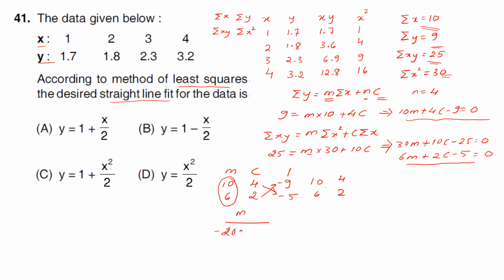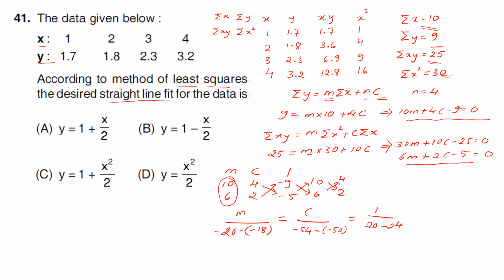minus of minus 18, is equal to c divided by minus 9 into 6, that is minus 54, minus 5 into 10, that is minus 50, is equal to 1 divided by 10 into 2, 20, minus 6 into 4, 24.